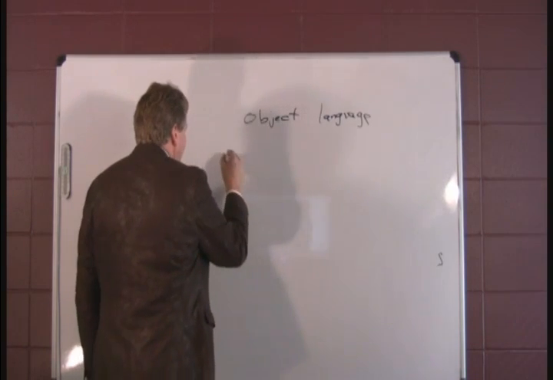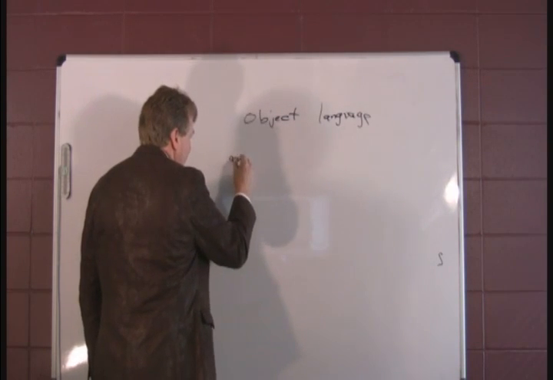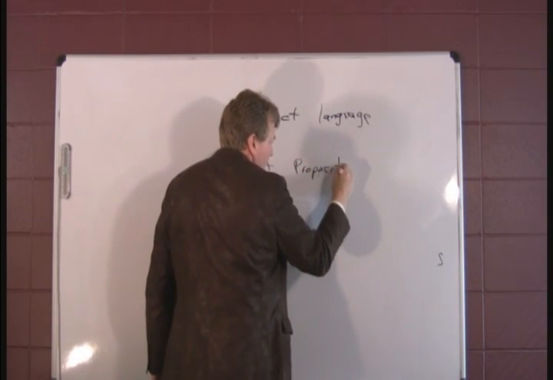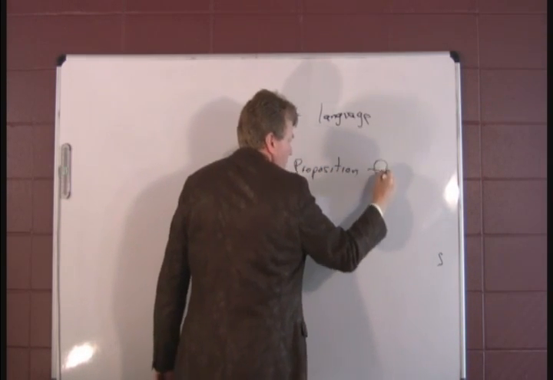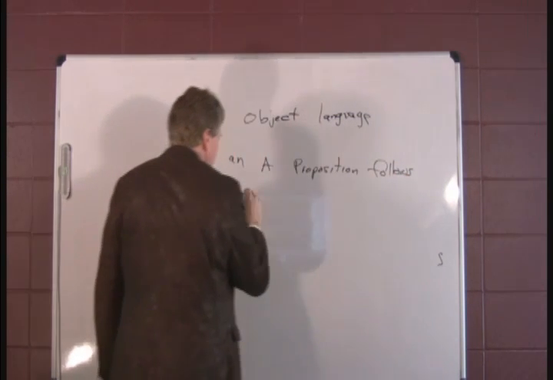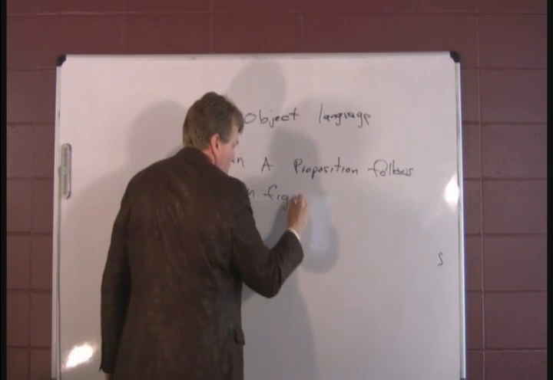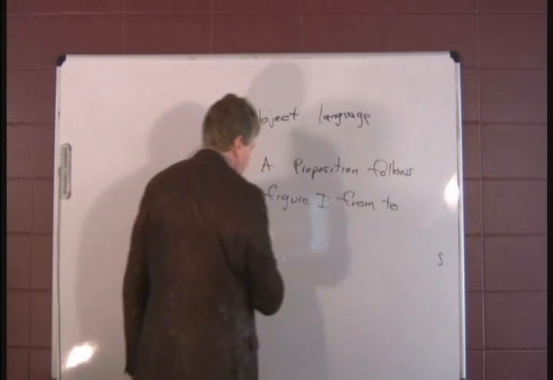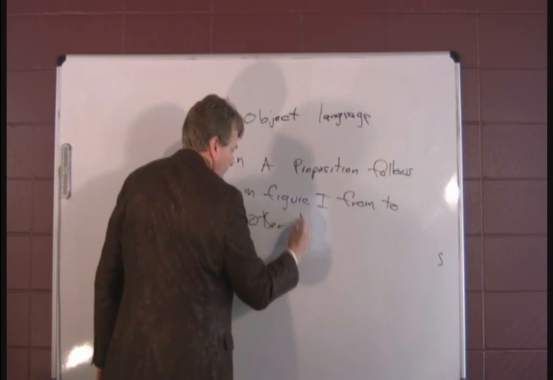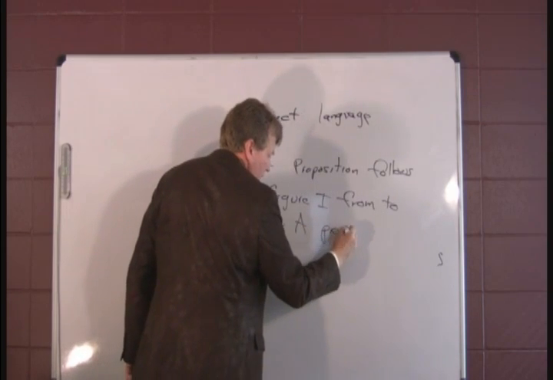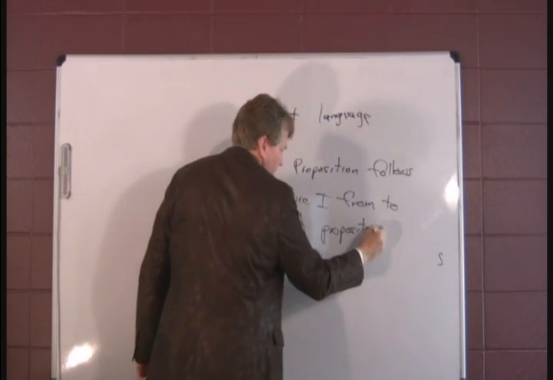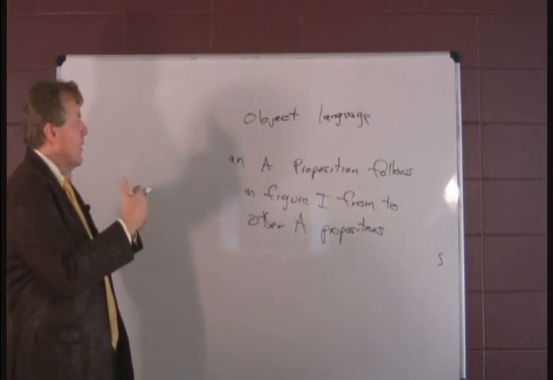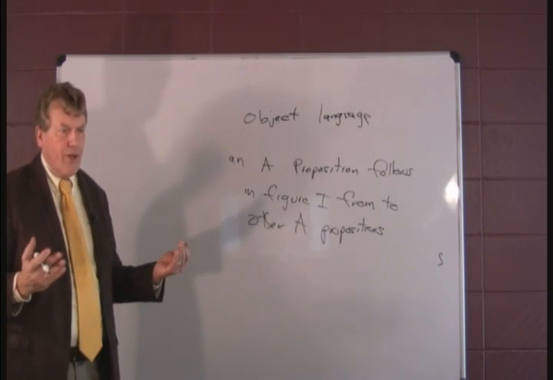We can say that an A proposition follows in figure 1 from two other A propositions. So if you have A and A, then A follows. Now you're using a meta language to talk about your object language.